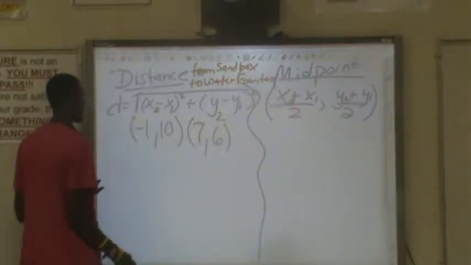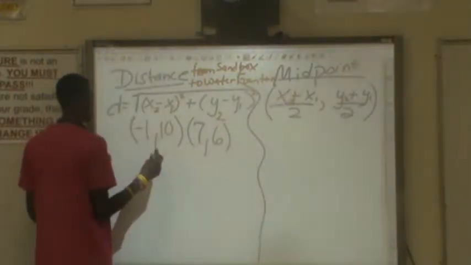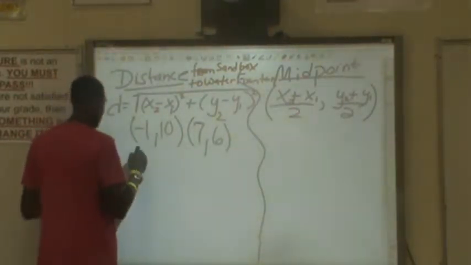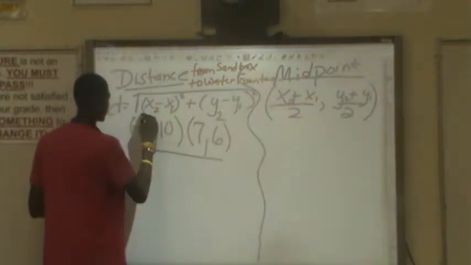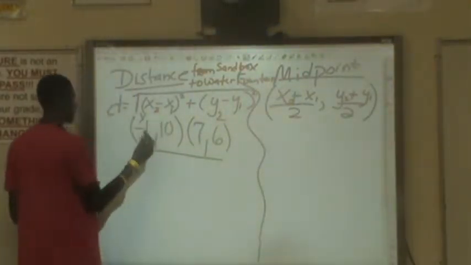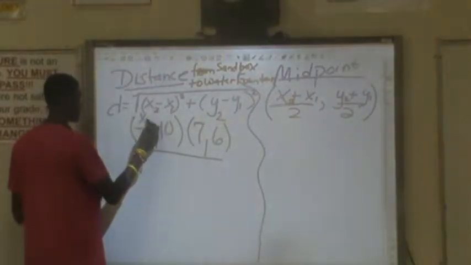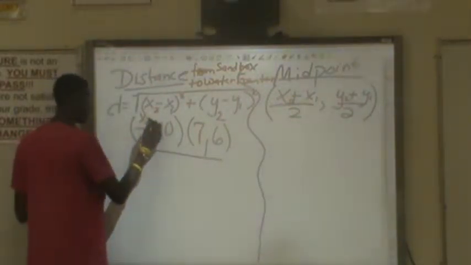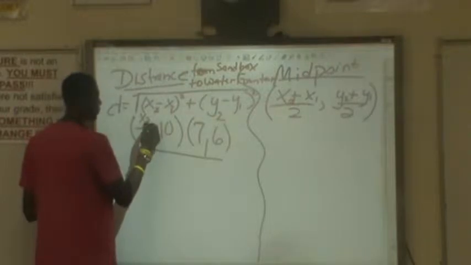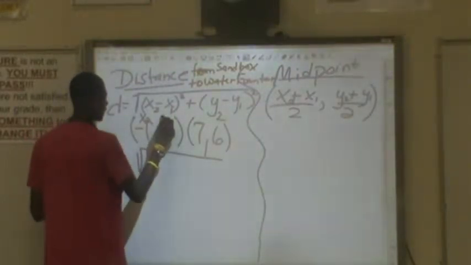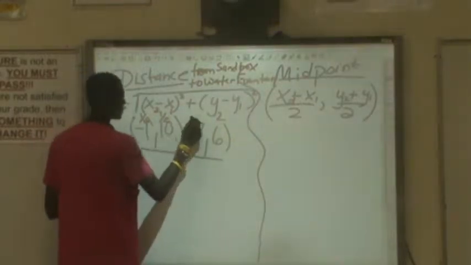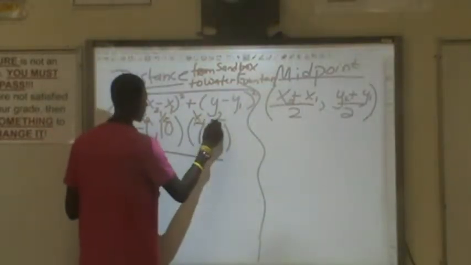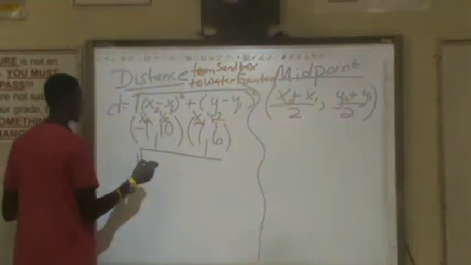Okay. Now by the distance formula, I have to plug in my numbers. So this will be x2, x1.